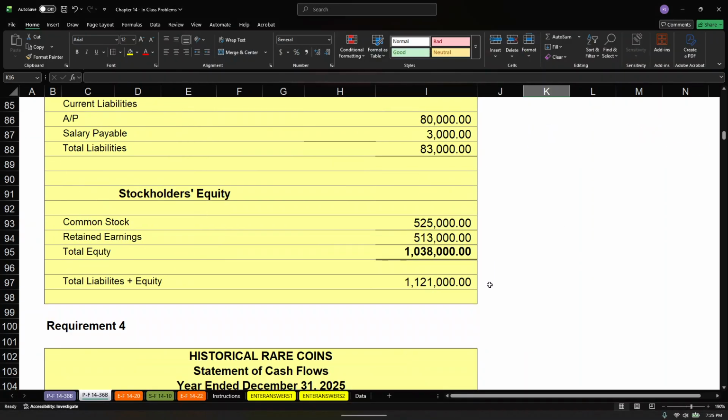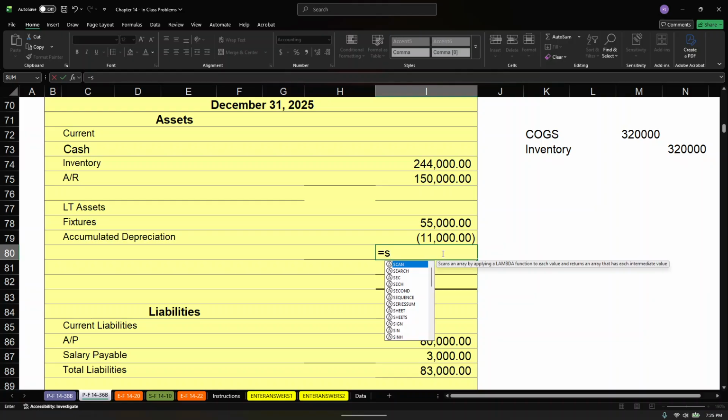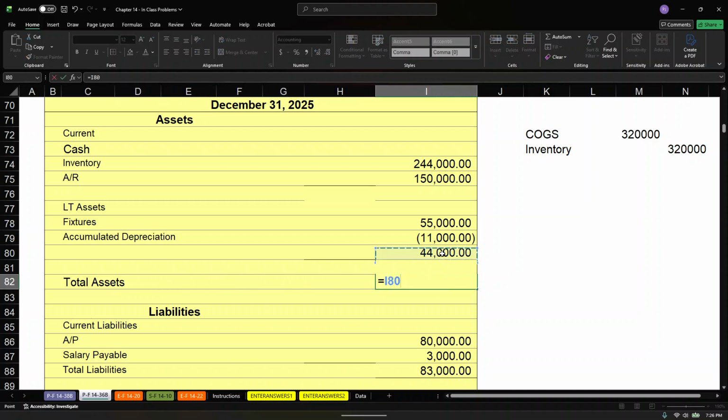Okay, so one way to do it is to basically get your total assets exclusive of cash. So right now our total assets is equal to this 44,000 plus this.